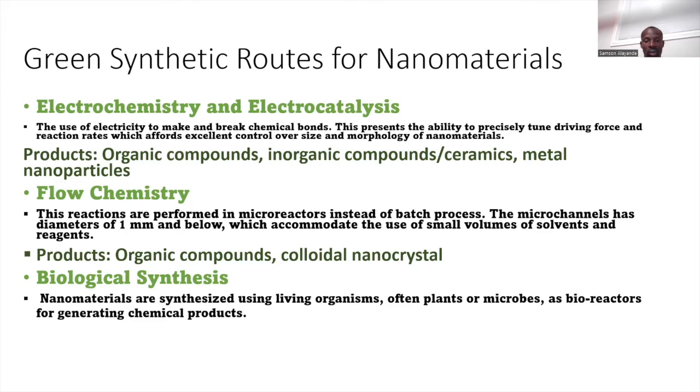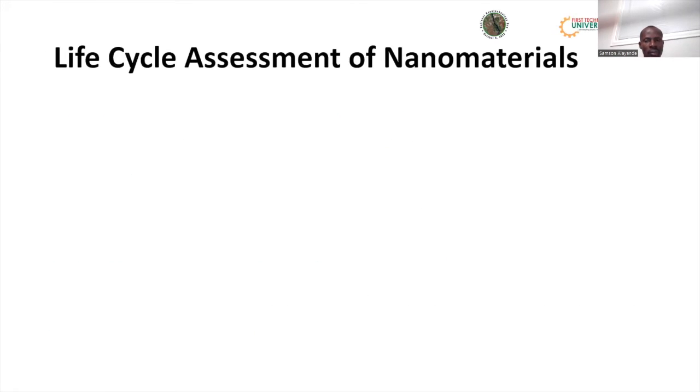And this has also been classified as green because with these, there's minimum use of chemicals. So you are relying on processes that are initiated from biological substances. This is also a safe and benign process. So this has resulted in several products, particularly metal nanoparticles.